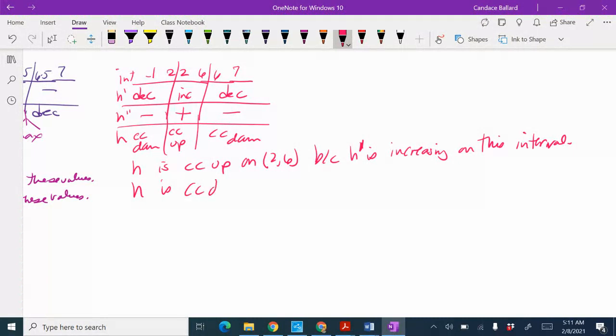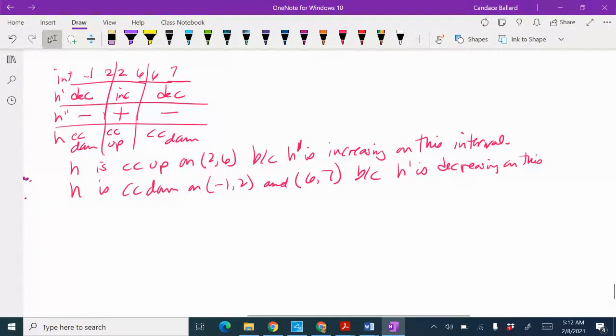H is concave down on -1 to 2 and 6 to 7 because h prime is decreasing on this interval.